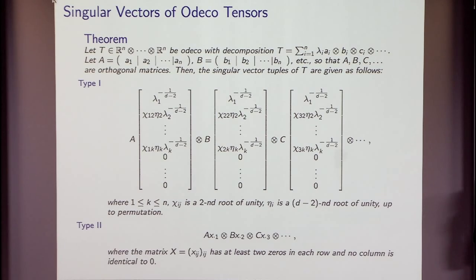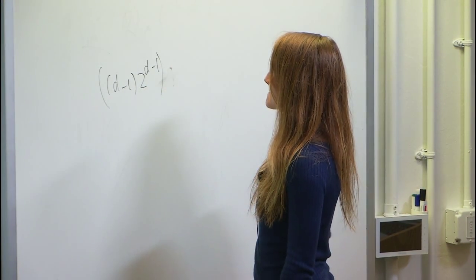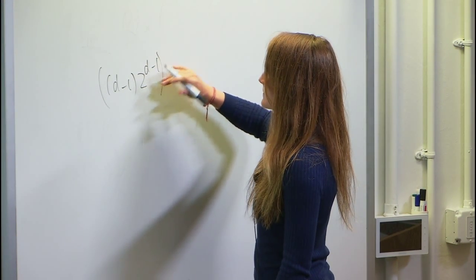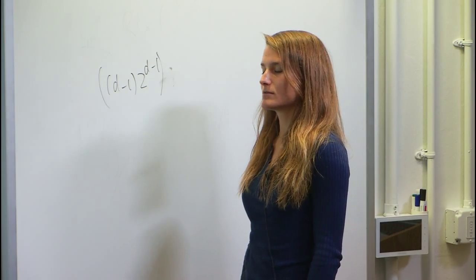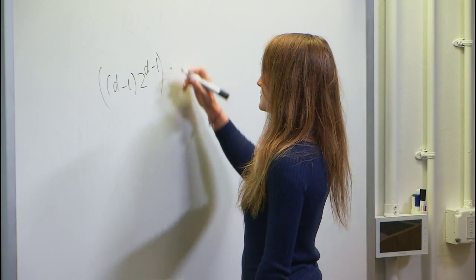Okay, maybe I can write down how many of these there are. n choose k. For each choice of roots of unity, so to sum those, you end up with the binomial theorem.